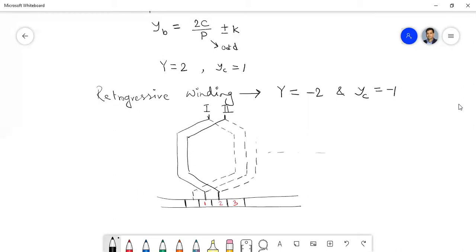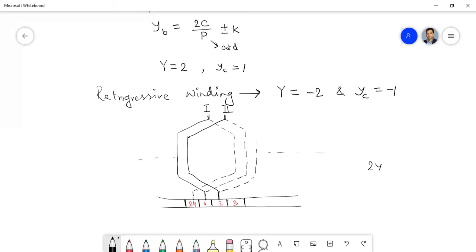So that means suppose there are 24 commutator segments, then it will have 24 like this. If there are 24 commutator segments, the last commutator segment will be connected with the back coil side, or the bottom coil side, of coil 1. So in this way we get this.